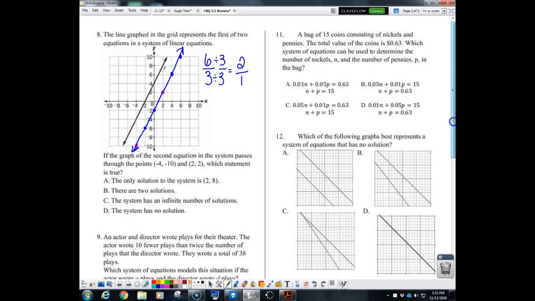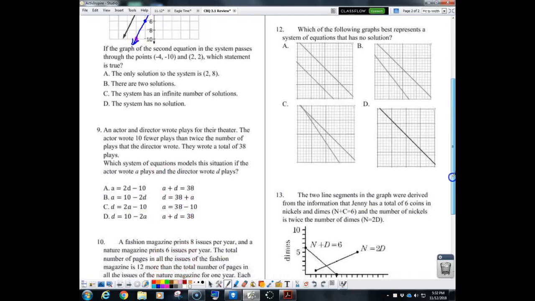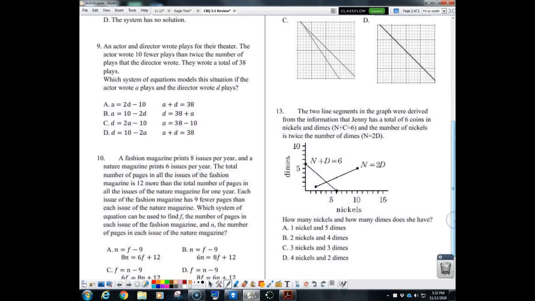All right, let's go to number 9. An actor and a director wrote plays for their theater. The actor wrote 10 fewer plays than twice the number of plays that the director wrote. They wrote a total of 38 plays. Which system of equations models the situation if the actor wrote A plays and the director wrote D plays?